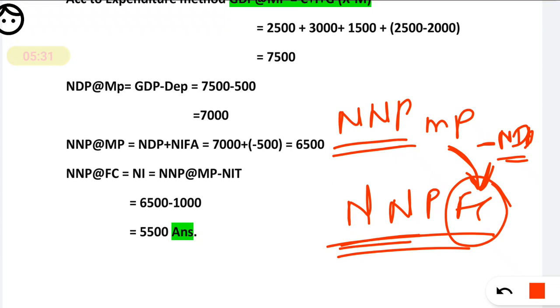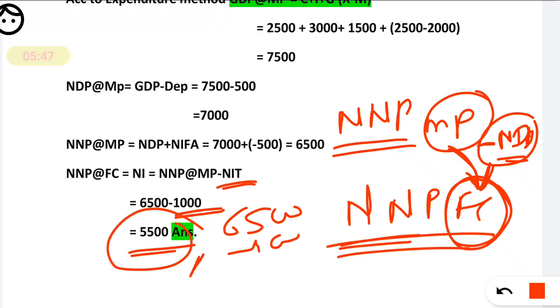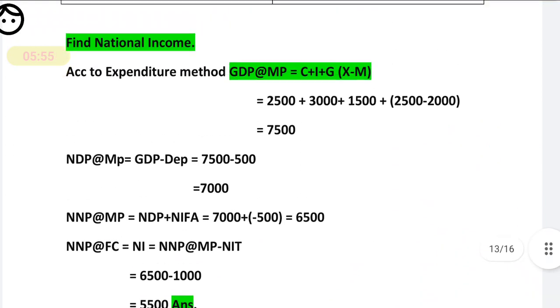Market price is inclusive of taxes, so subtract the net indirect taxes. NIT is given as 1000, so 6500 minus 1000, you will get 5500 as your answer. That is the net national product at factor cost, which is called the national income. Okay, see how easy it is.